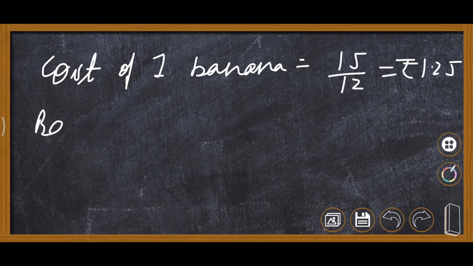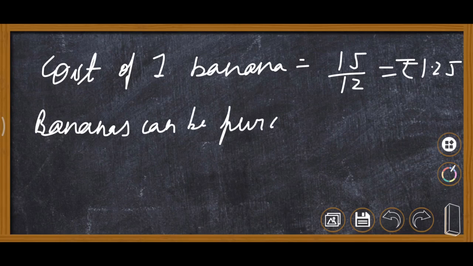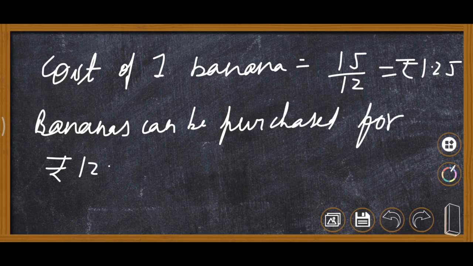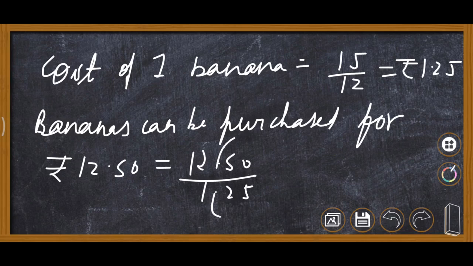Now here we will write bananas can be purchased for rupees 12.50, then it is 12.50 divided by 1.25. So now remove this decimal and cut. These are 10 bananas.